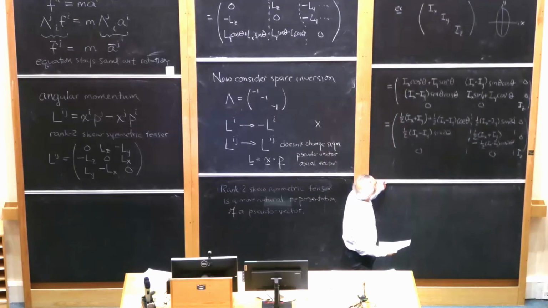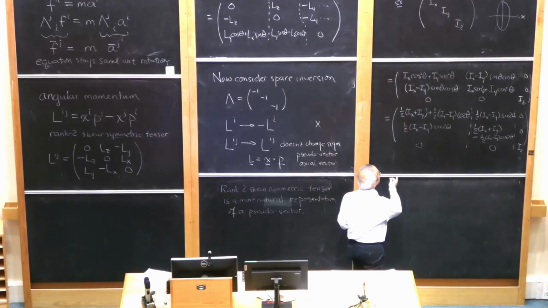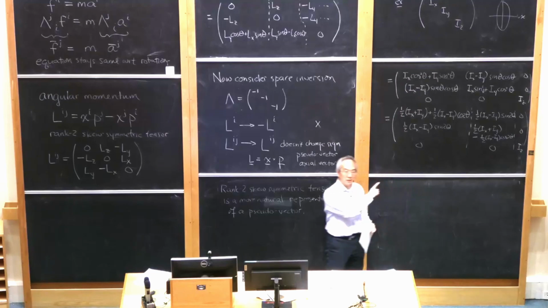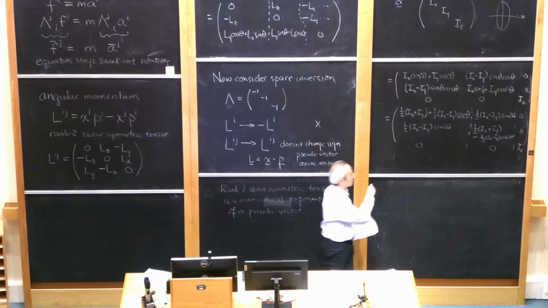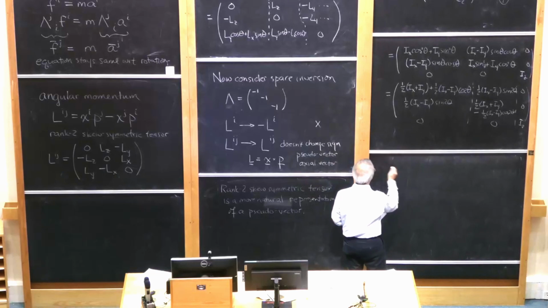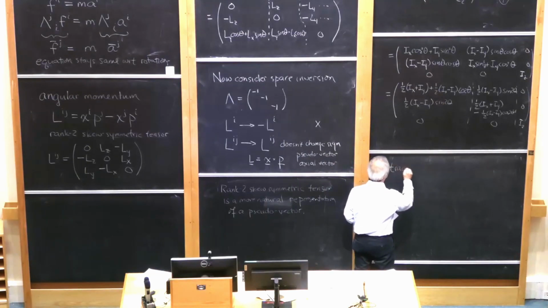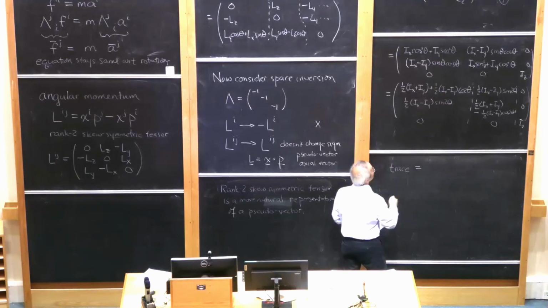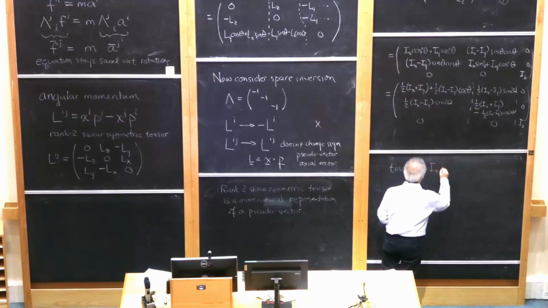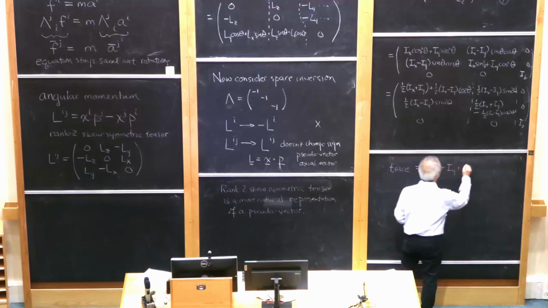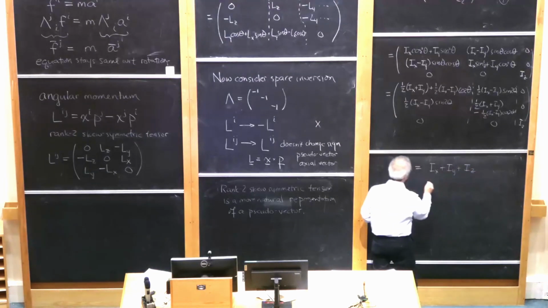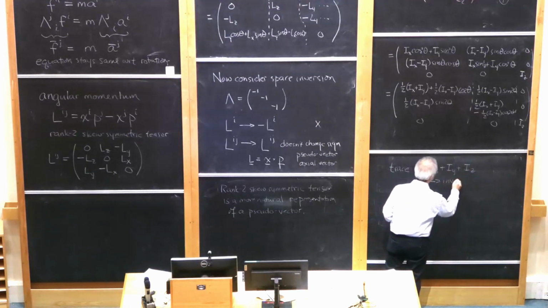So what you see here is that you actually have two things that go on in this rotation. Okay? So first of all, there's the trace of this matrix, which is simply Ix plus Iy plus Iz. And this is a scalar invariant.